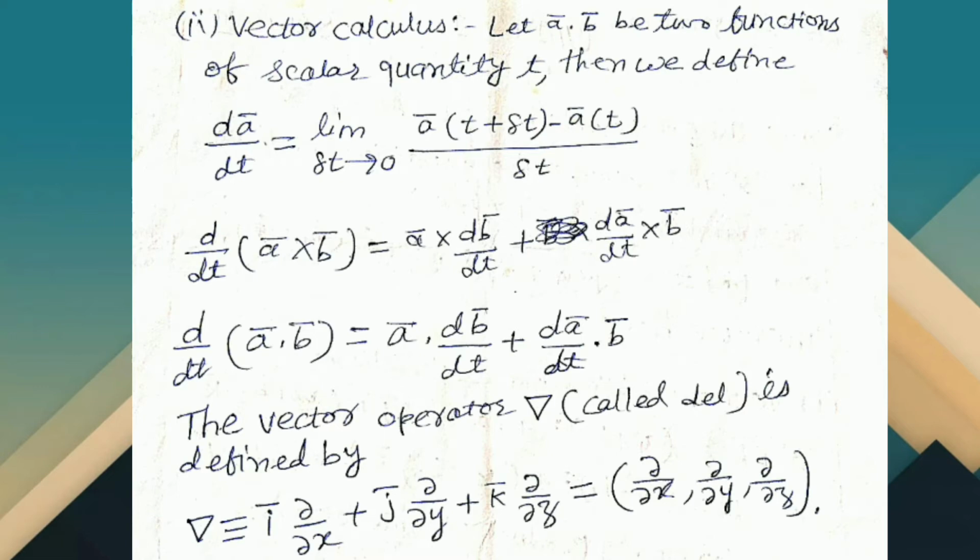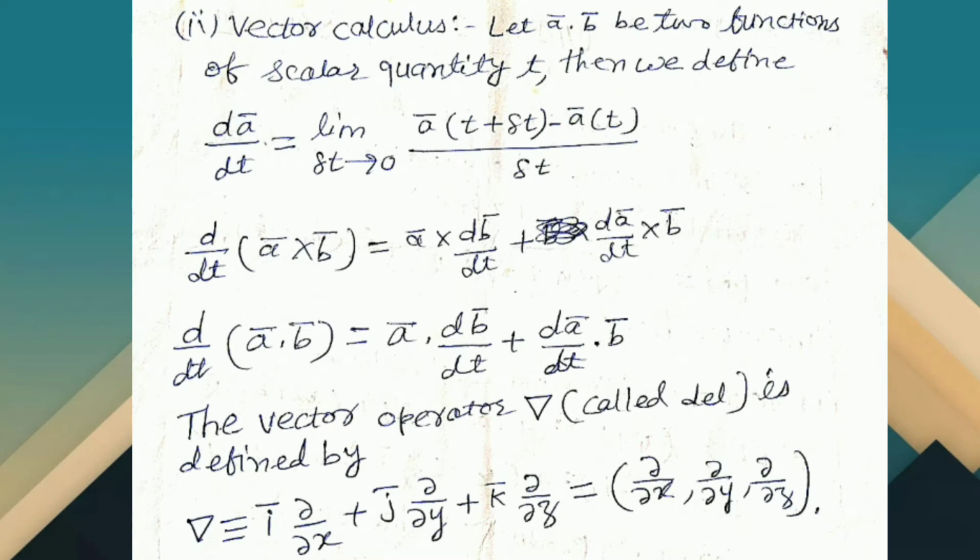So the derivative of a bar cross b bar can be written as a bar cross d by dt of b bar plus d by dt of a bar cross b bar. The derivative of the dot product: d by dt of a bar dot b bar is equal to a bar dot derivative with respect to t of b bar plus derivative of a bar with respect to t dot b bar.